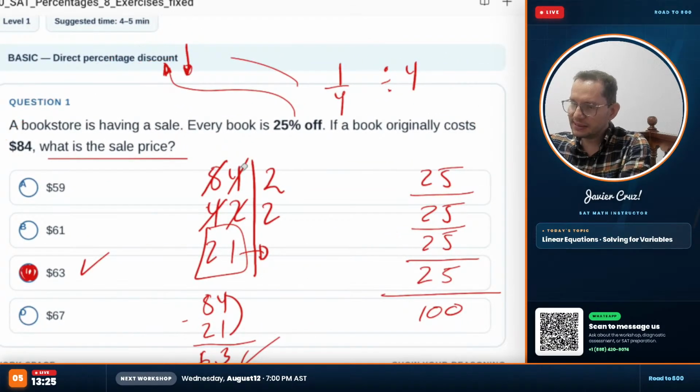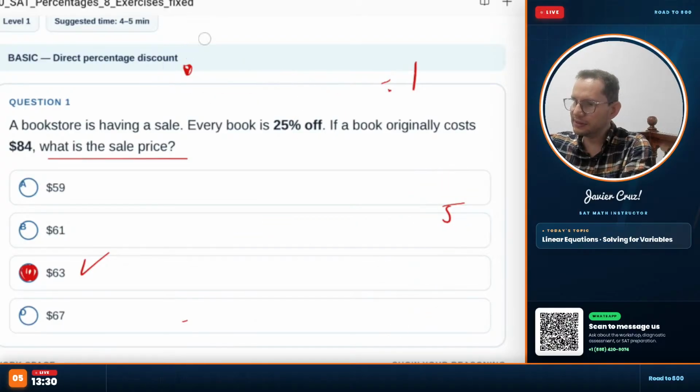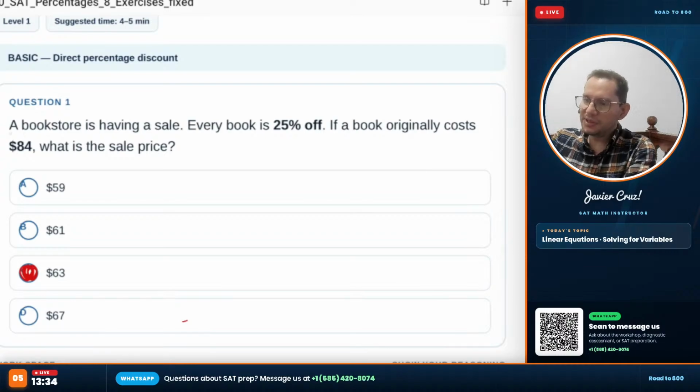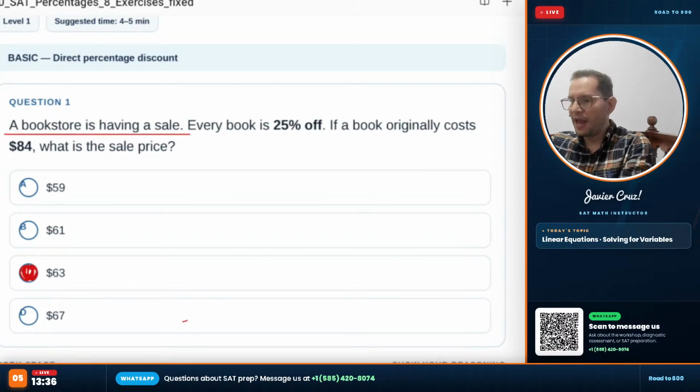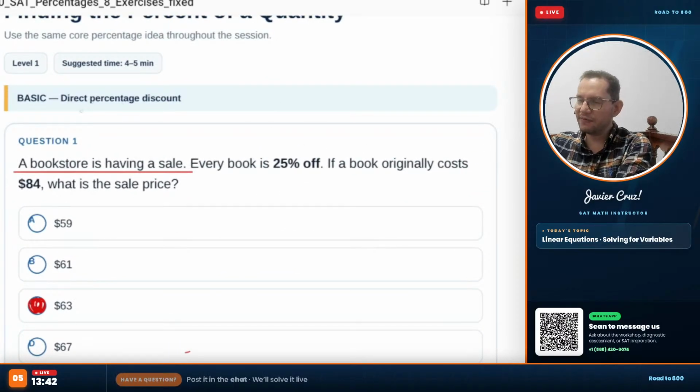So we're gonna study this problem. The problem says, suppose we have a bookstore that is having a sale, right? And every book is 25% off. If it's saying 25% off, it's because we have a discount here, right? That's a basic level.